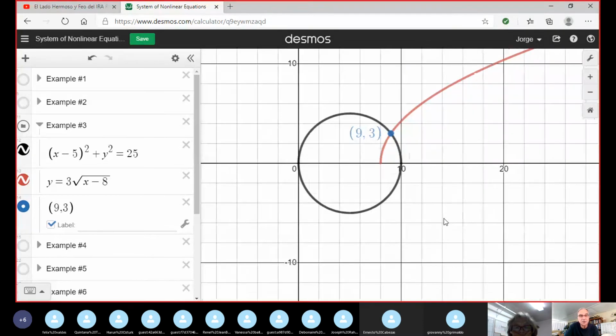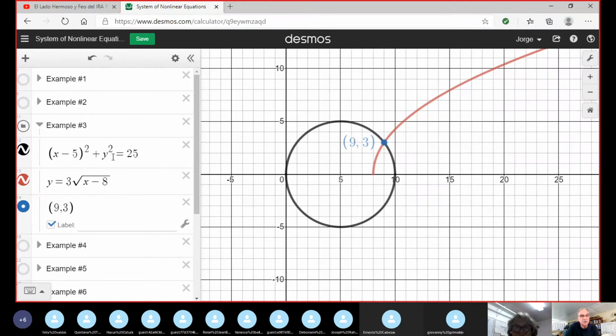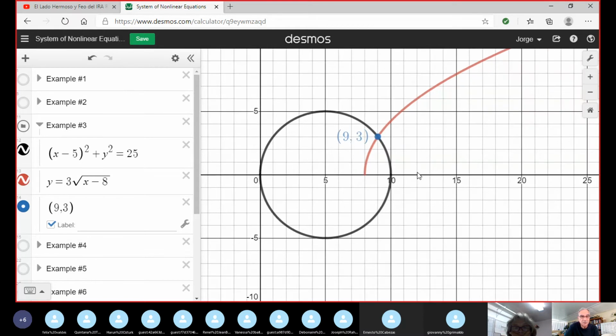The first equation represents a circle. This is a geometric interpretation: a circle where the center is located at the point 5,0 and the radius is 5. And the second is a parabola. What kind? It is a horizontal parabola, a half parabola, not a total parabola. That is the reason that we have only one solution, that is 9. Any question?